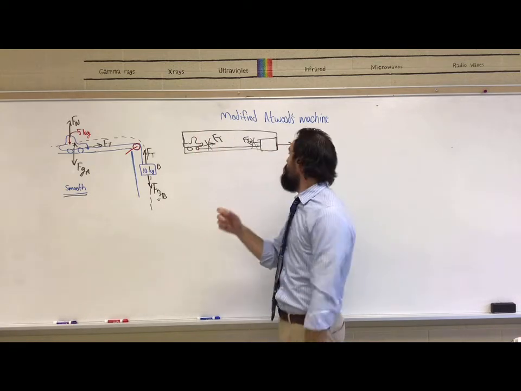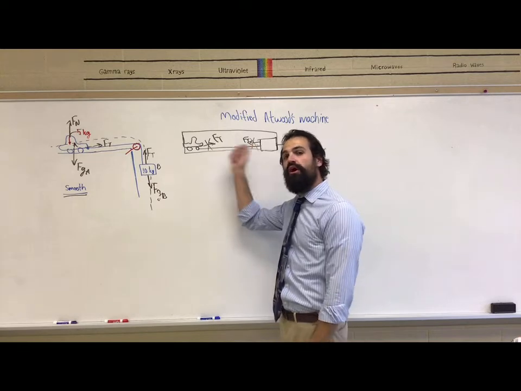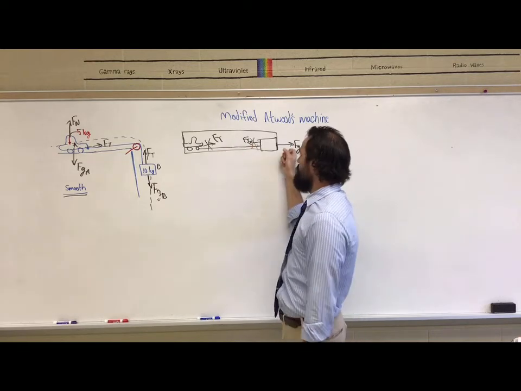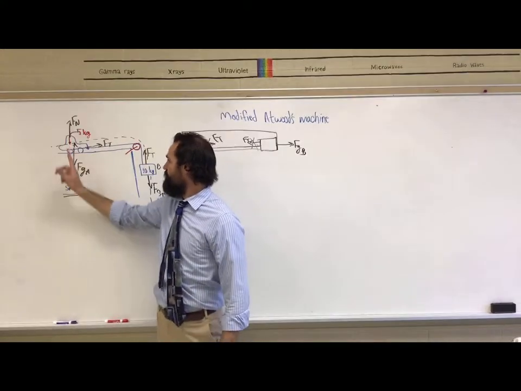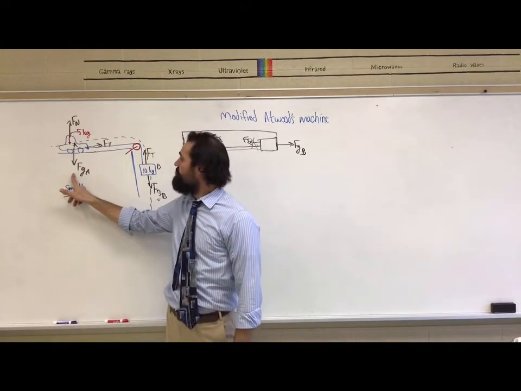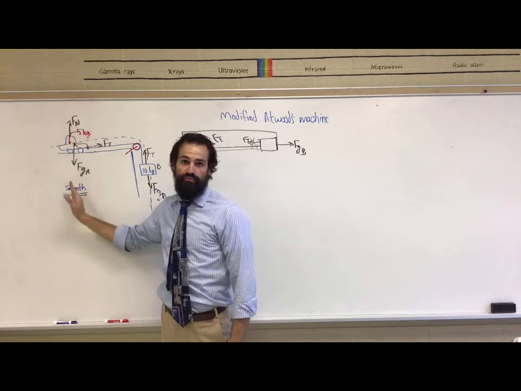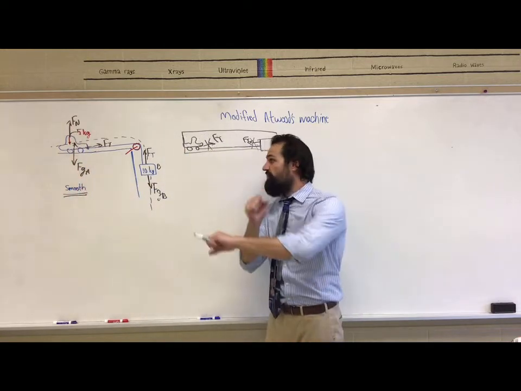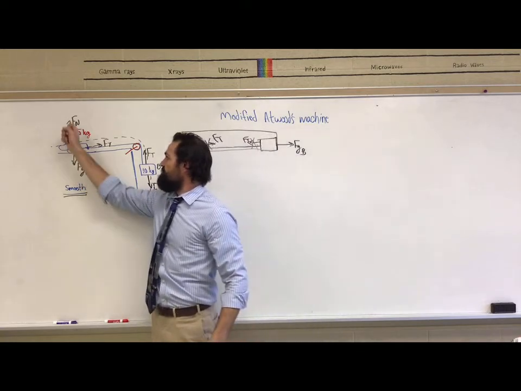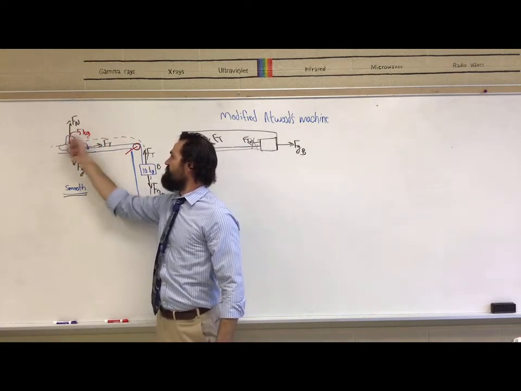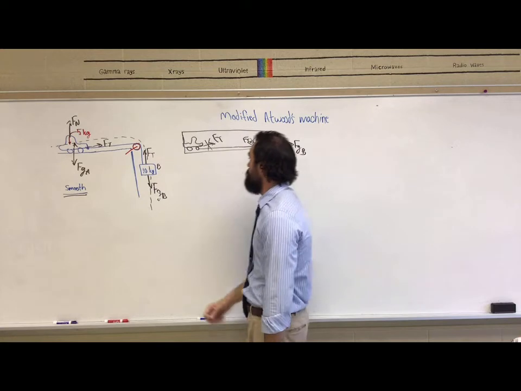It's the same thing, and you're still going to find that the only unbalanced force is the weight of object B. We can ignore the normal force and the weight of object A because they are perpendicular to the movement. And remember, vertical forces have nothing to do with horizontal forces. So these forces don't have anything to do with whether it's going to move left or right.